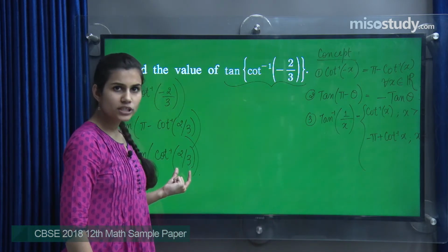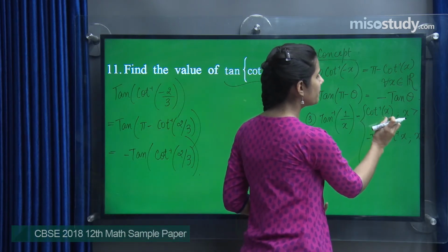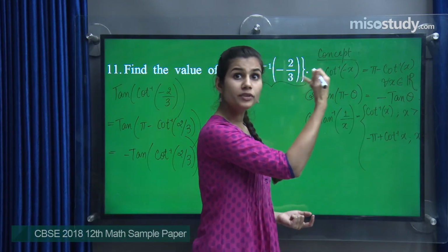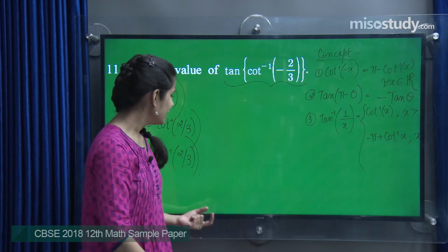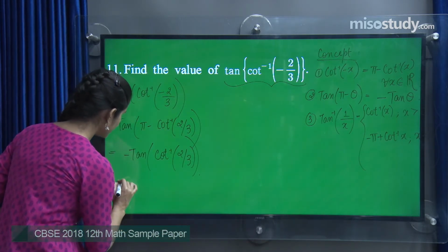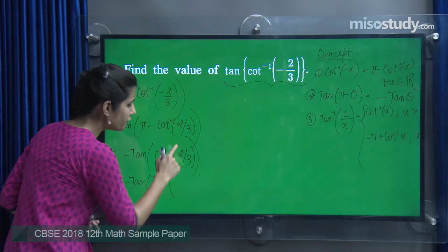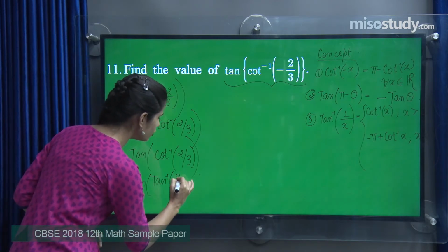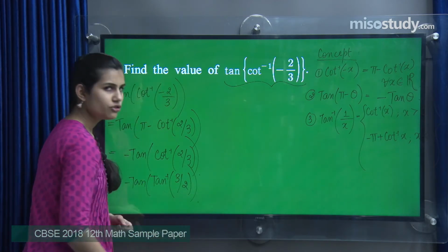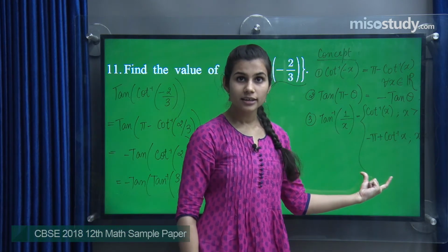Over here the input is 2 by 3, which is positive, and that is why cot inverse of a positive input is tan inverse of the reciprocal of that input. So cot inverse 2 by 3 will become, because it is positive, tan inverse of the reciprocal of 2 by 3, which is 3 by 2. Very simple. I just use this particular property.